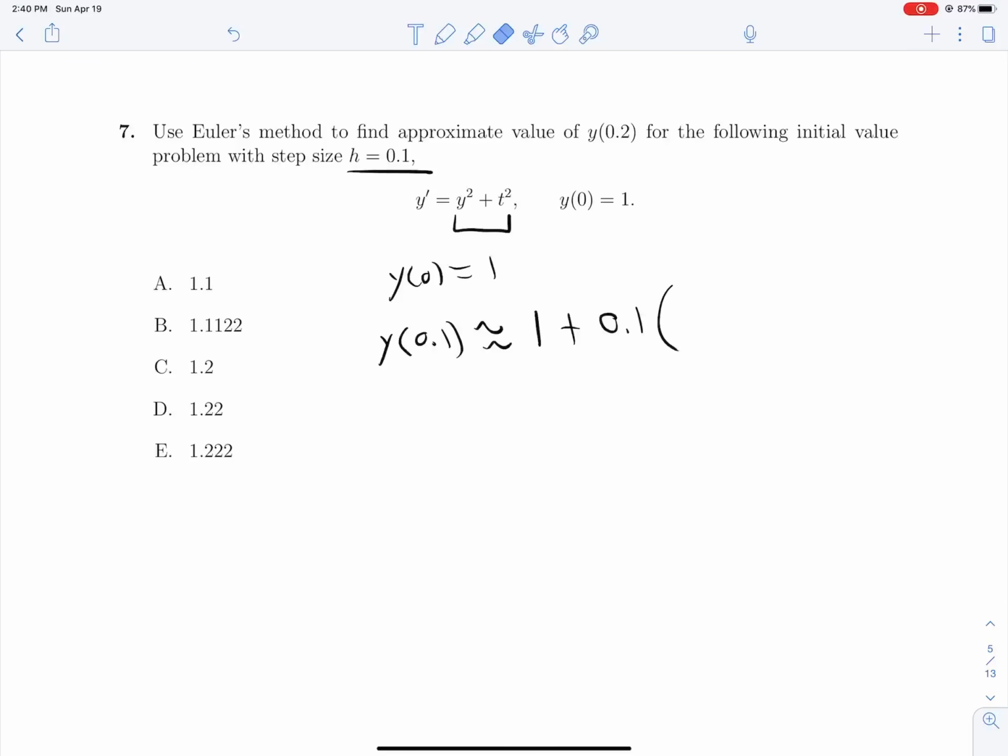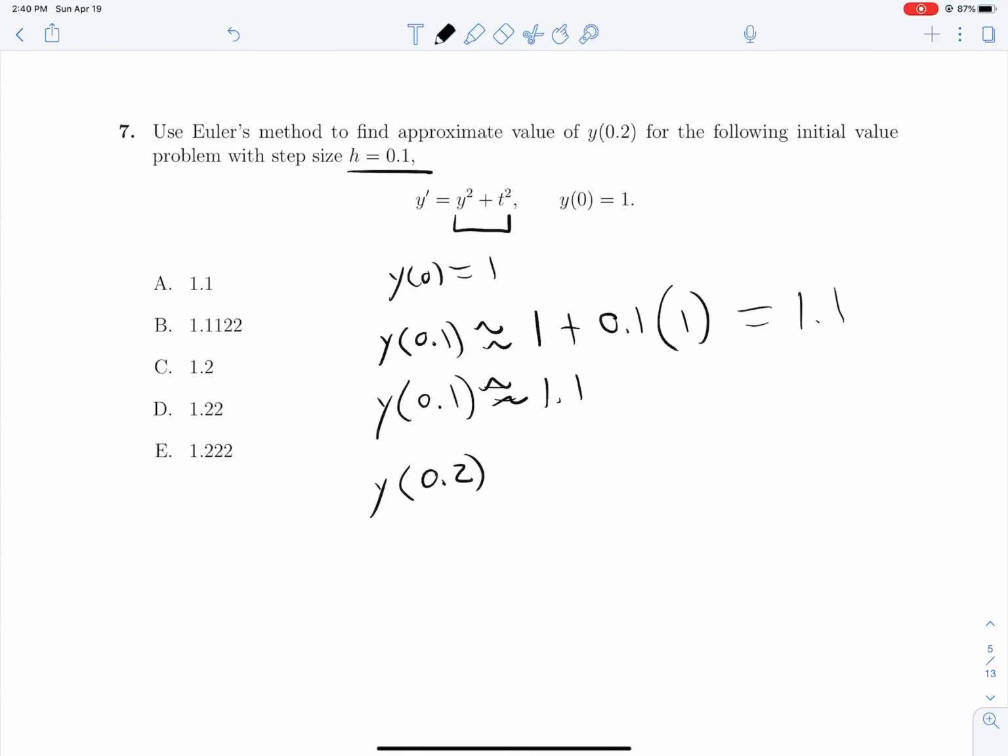So this is y squared plus t squared. For t equal to 0, y is equal to 1. So we will get 1.1. So y at 0.1 is approximately equal to 1.1. This is the new condition we're working with.